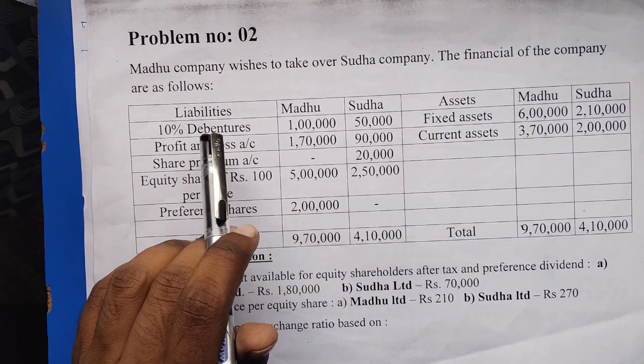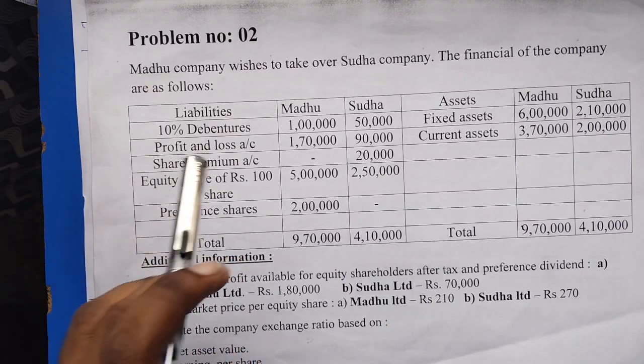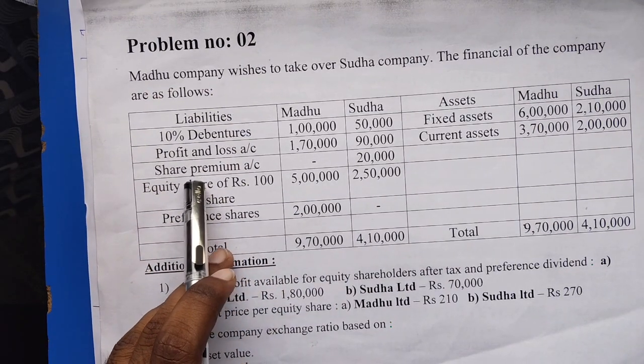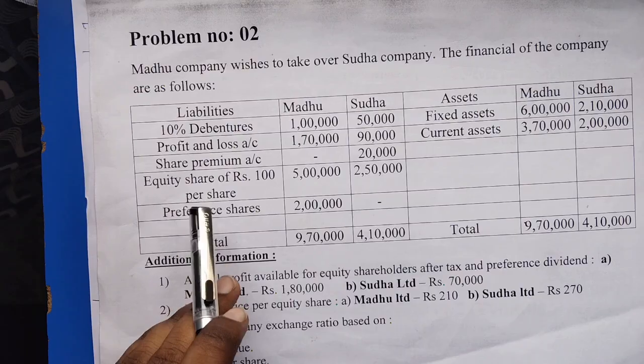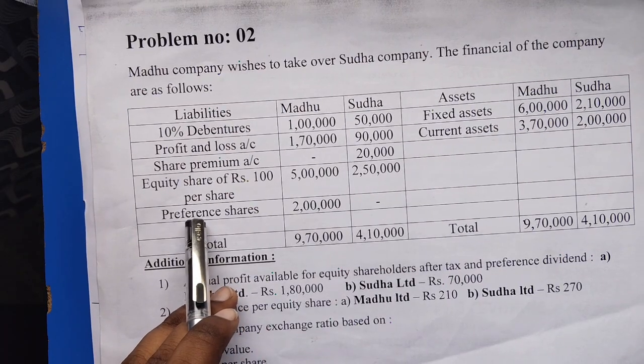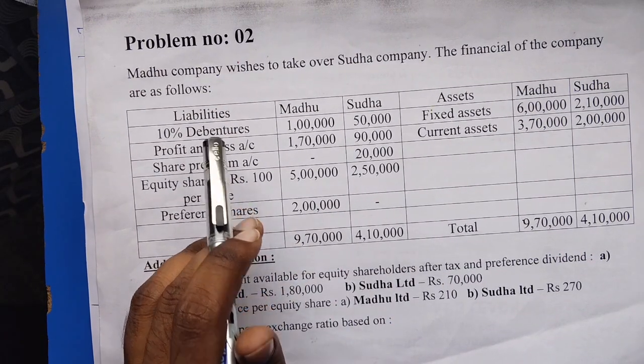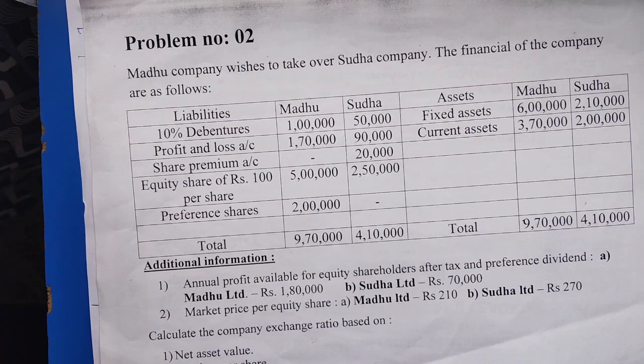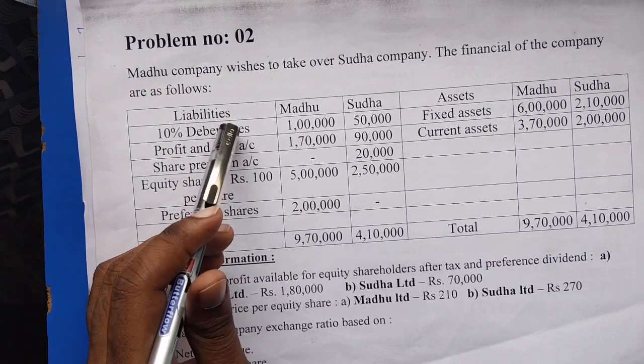Profit and loss account is an equity shareholders fund. Share premium is a shareholders fund. Equity share is a shareholders fund. And the preference share is a liability. The 10% debentures are a liability because there will be an obligation. Liability means obligation, something we need to owe to others.